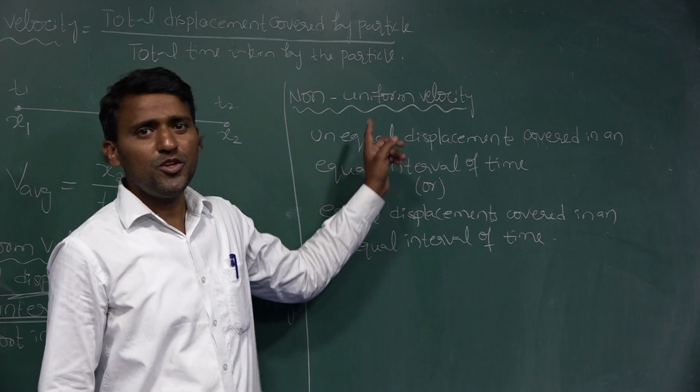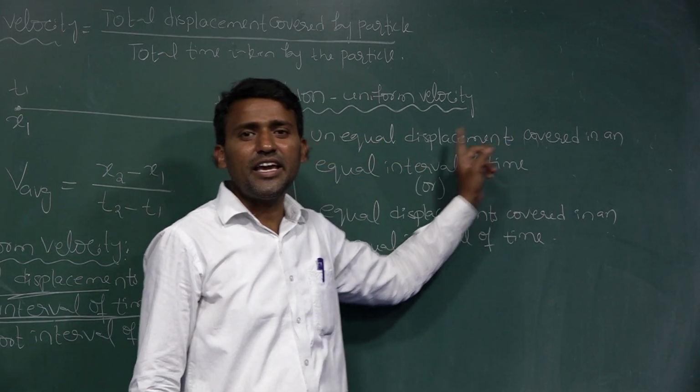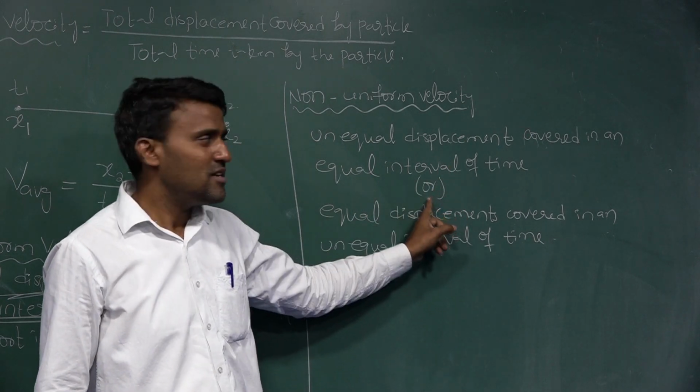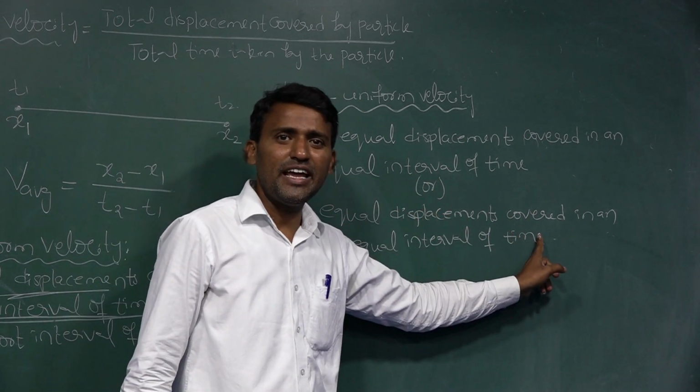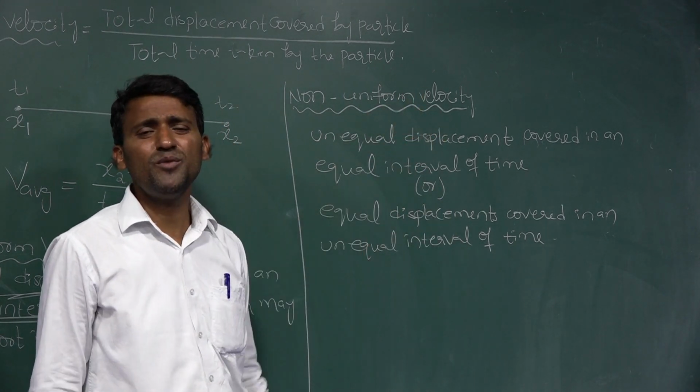So non-uniform velocity is unequal displacements covered in an equal interval of the time, or equal displacements covered in an unequal interval of the time, is called non-uniform velocity.